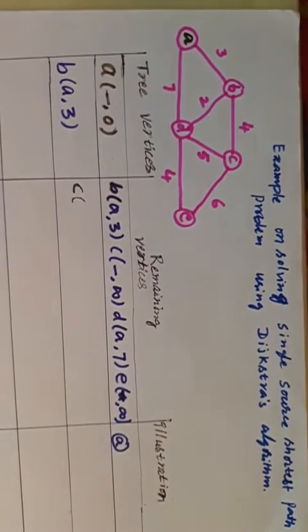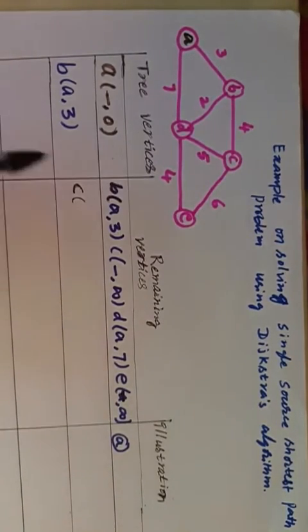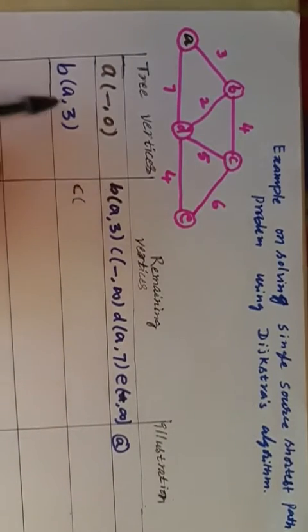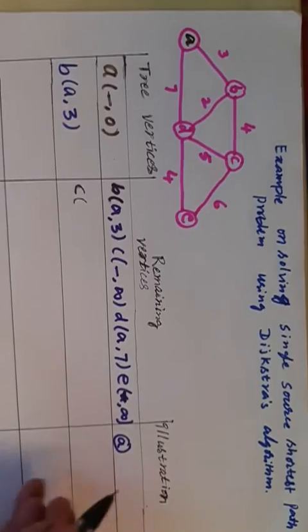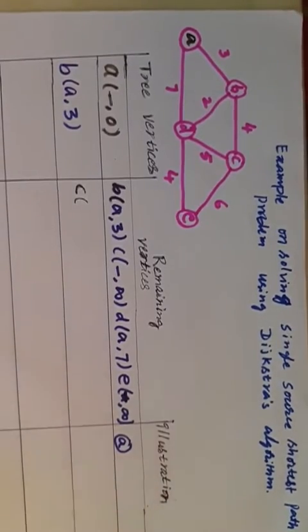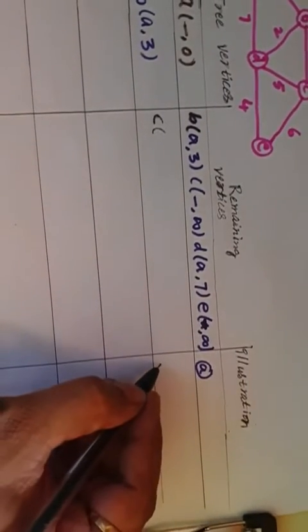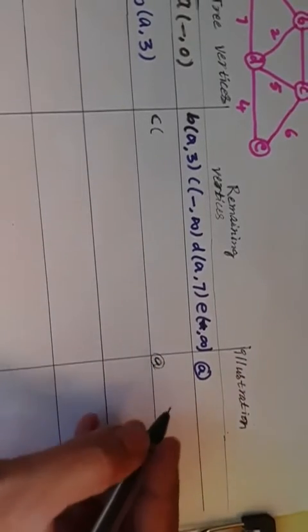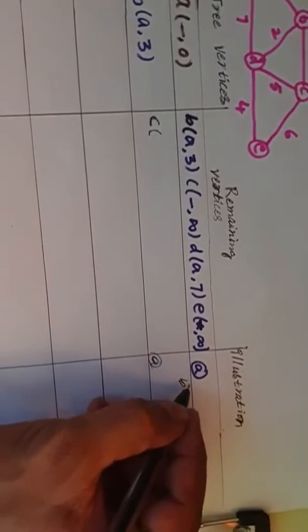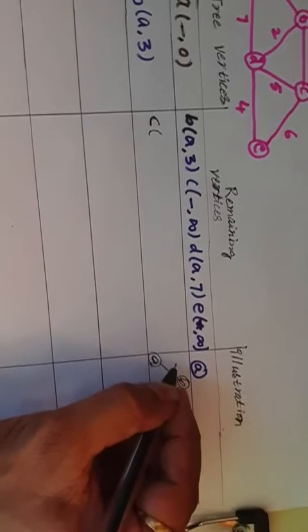In the next step, from the remaining vertices choose the vertex with the least cost, that is b. B of a comma 3 is selected and inserted into the tree. So now a to b is inserted, and the a to b cost is 3.